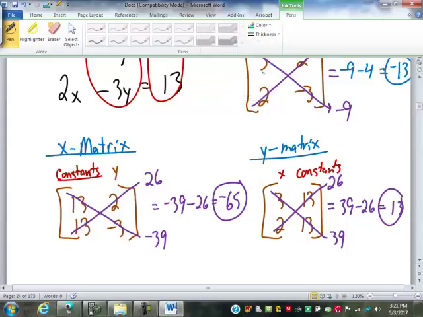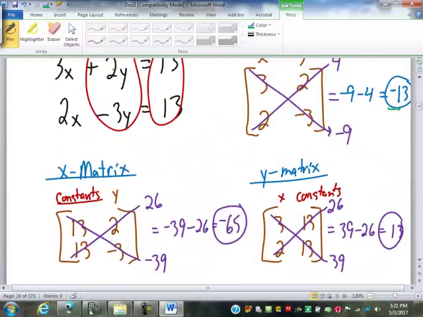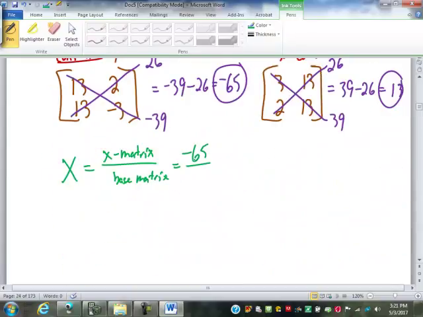Well, what do all these numbers do for us? The value of x is the determinant of the X matrix divided by the determinant of the base matrix. So the X matrix was negative 65. The base matrix was a negative 13. What is negative 65 divided by negative 13? 5.